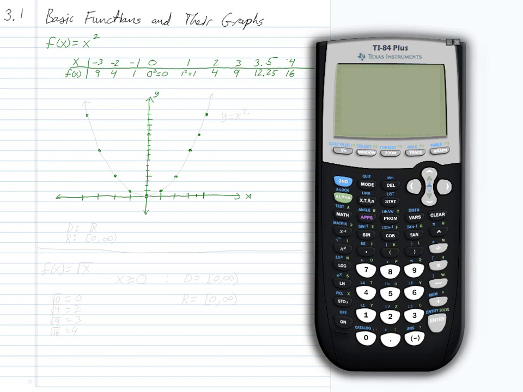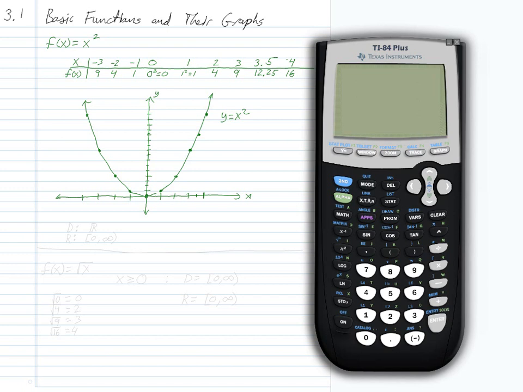And so the shape of this curve is this nice bowl shape, which you've probably seen before, the parabola. So there we have the graph of our square function, as we call it in the text.